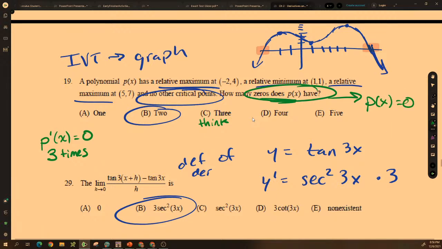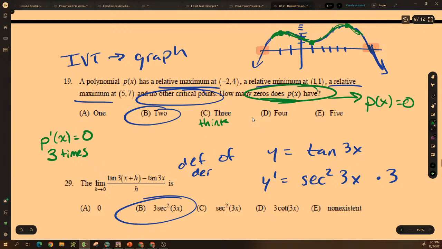And so what you need to do on this is graph it. I kind of graphed it up here. I graphed -2 and 4, and I graphed 1 and 1. Imagine I don't have all the blue in there. And then I graphed 5 and 7. I thought, okay, this is a maximum, so it kind of has to go like this. This is a minimum, I'm going to connect it. This is a maximum, it has to go like this.